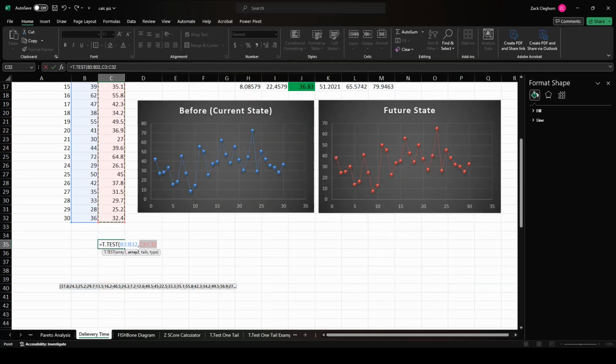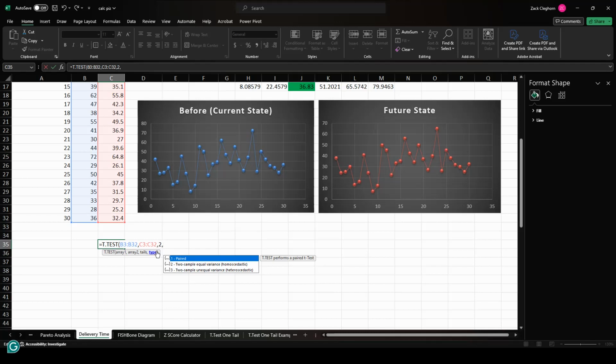What do you guys think? It's a two-tail test because we're comparing two analyses, right? So a two-tail distribution. Now, are these paired or are they unequal? What do you guys think?